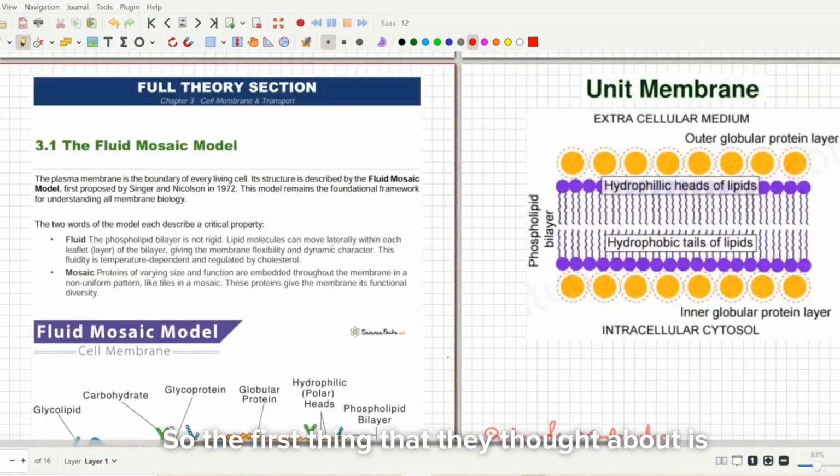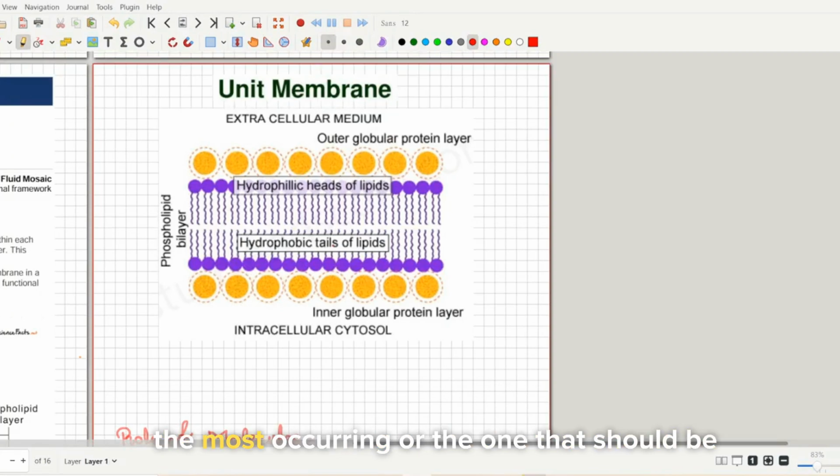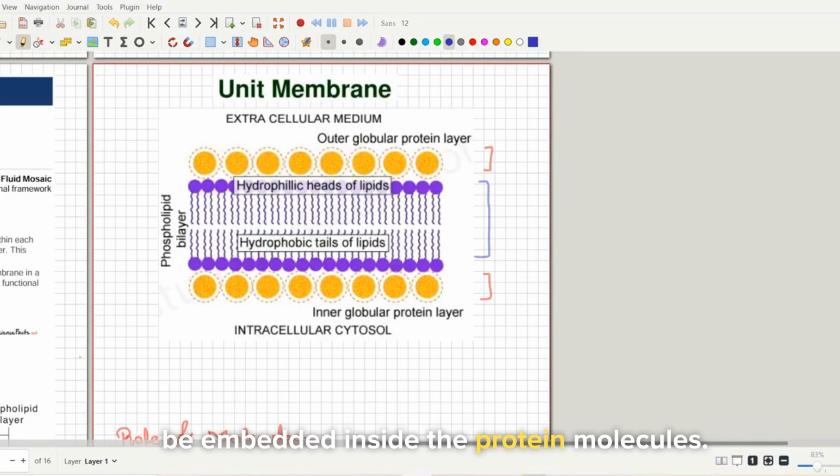The first thing they thought was that if protein is 60 to 80%, it is in such high amount that it should be the most abundant in the cell membrane. So they said the protein should be on the outer ends like this, and the lipid would be embedded inside the protein molecules.